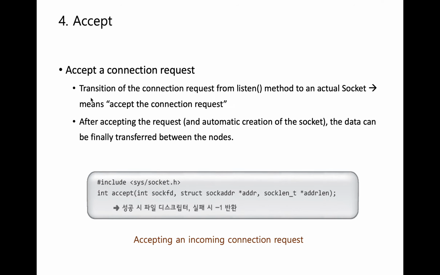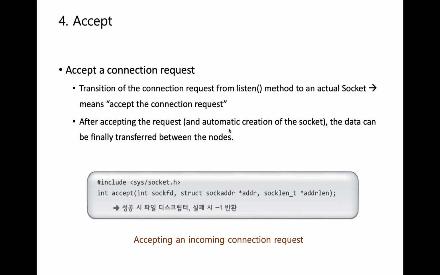And in technical language, it means transition of the connection request from the listen method, from the passive socket, into an actual socket. It means accepting the connection request. That socket is going to become active from passive. After we accept an incoming request, the socket is going to be created automatically.